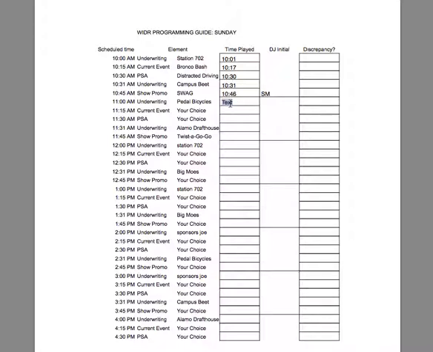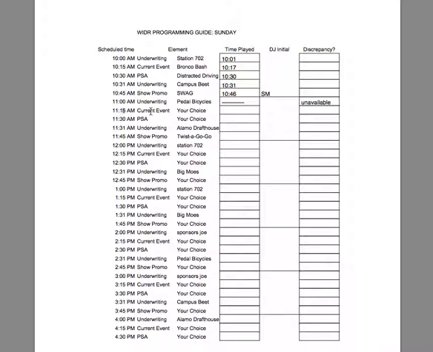And so as a DJ, I will draw a line and write in discrepancy: unavailable. If there's something else, like it's a current event and it's out of date, I would just draw a line and write out of date or something like that.